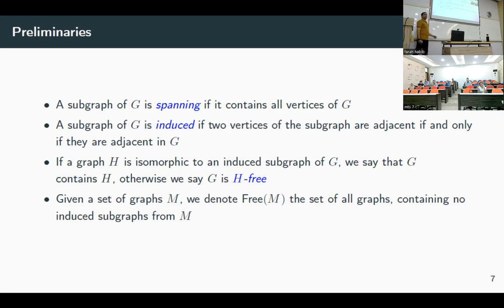This graph does not contain C3. But if I had this edge here, then this graph has an induced subgraph which is isomorphic to C3. So this graph G contains C3. But if I don't have this edge here, then this graph is a C3-free graph.